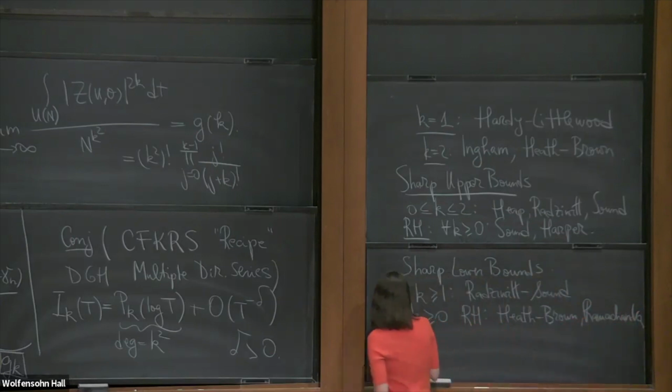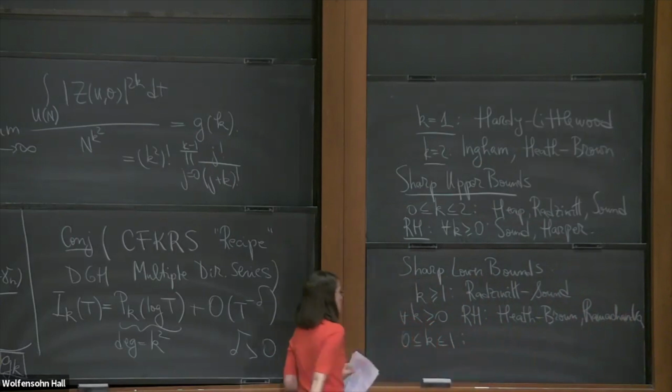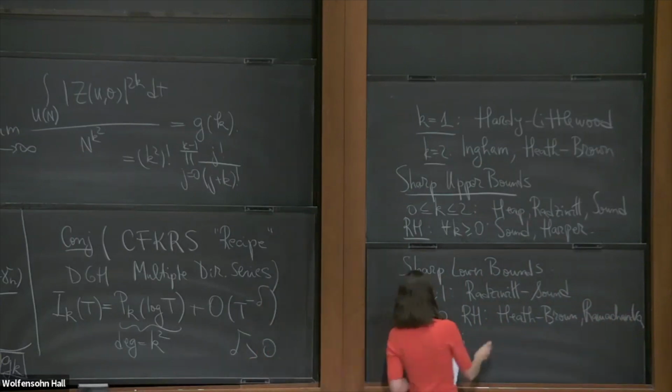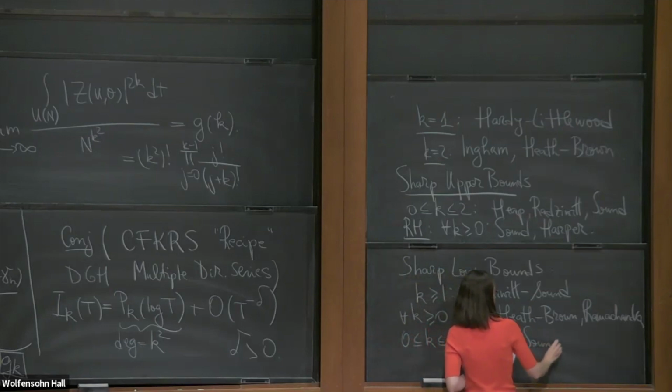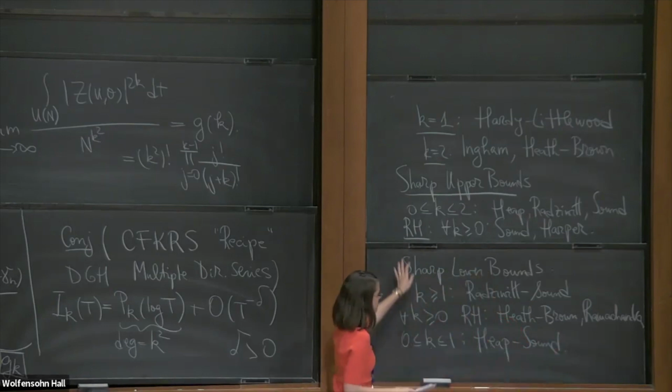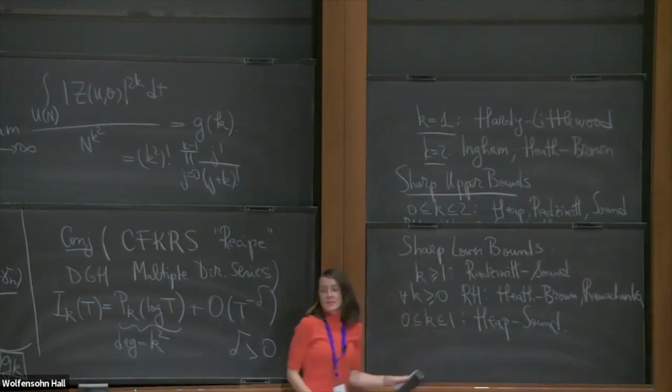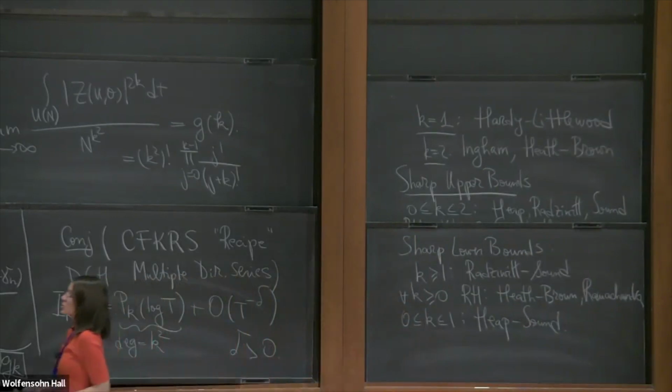And for k between 0 and 1, we've heard from Sound there are sharp lower bounds due to Heap and Sound. Okay, so quite a lot is known about positive moments.